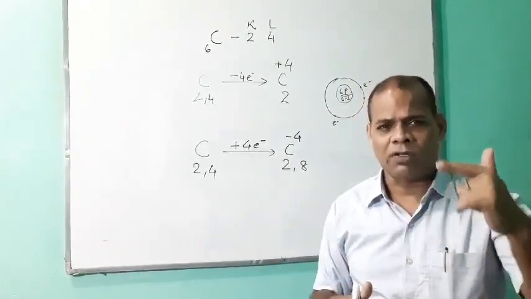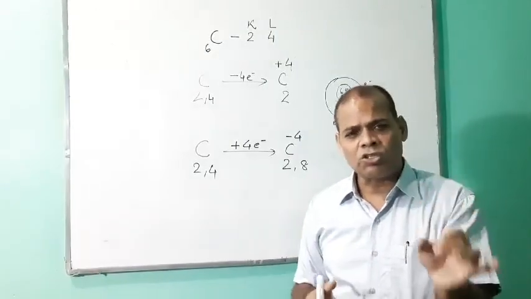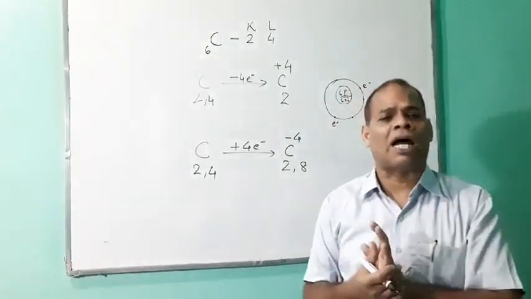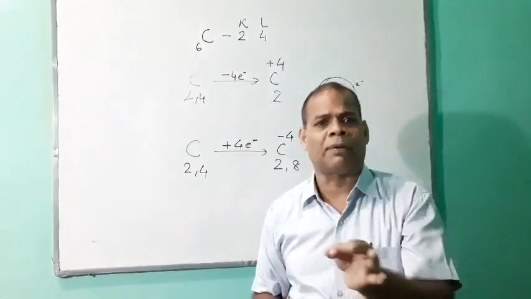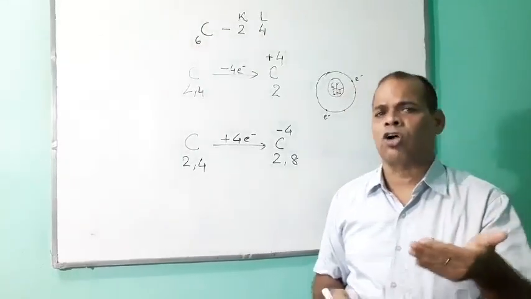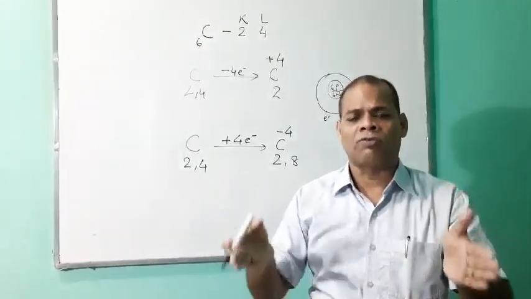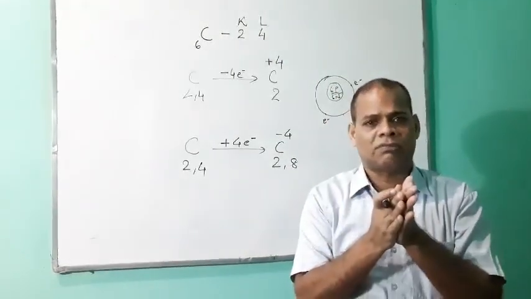So carbon cannot form C4-. Another reason, due to the small size of carbon, addition of 4 more electrons is also not possible because electron repulsion takes place.